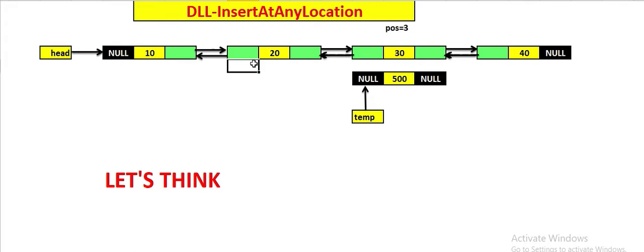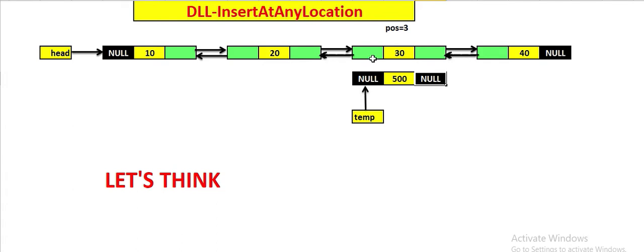Then we need to do certain things. Number 1, change the left link of node number 3 to point to the new node, and also the right link of the new node should point to node 3.